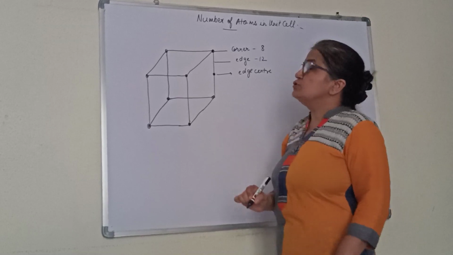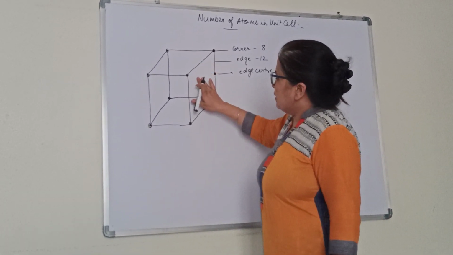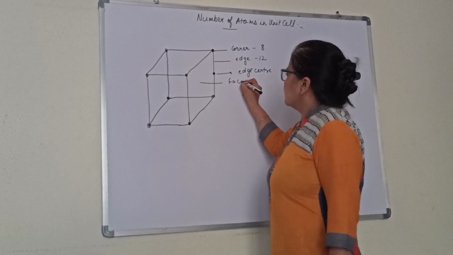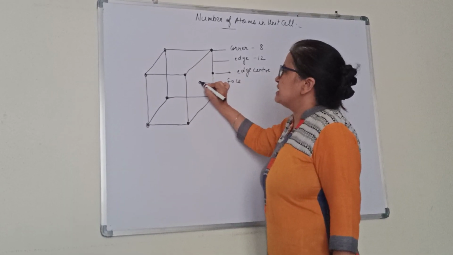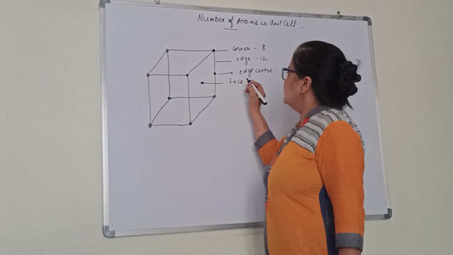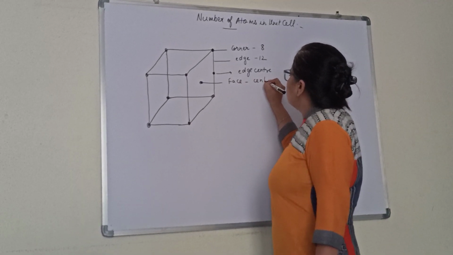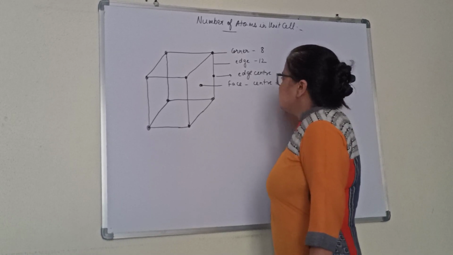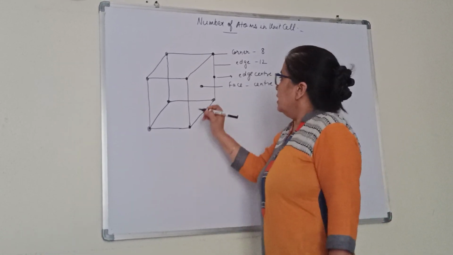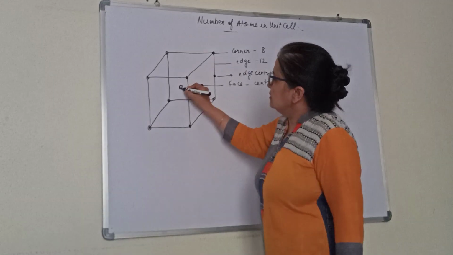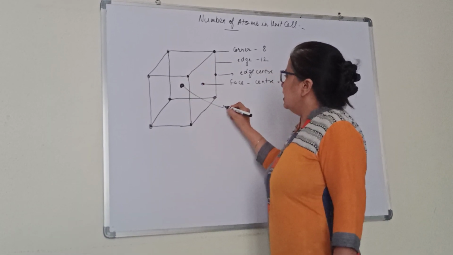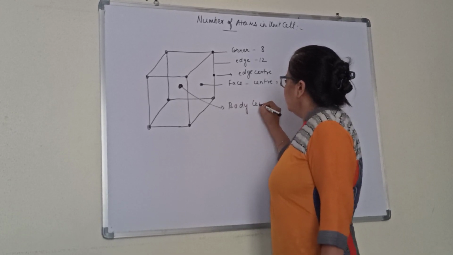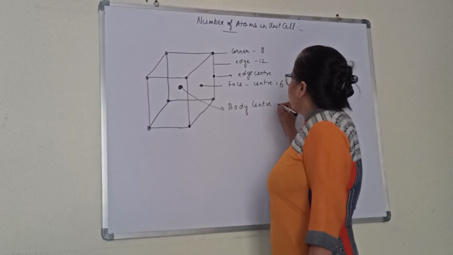This plane surface is called a face, and if I mark exactly the center, it will be called the face center. How many faces are there in a unit cell? 6 faces. And one in the center is called the body center. There is one body center.